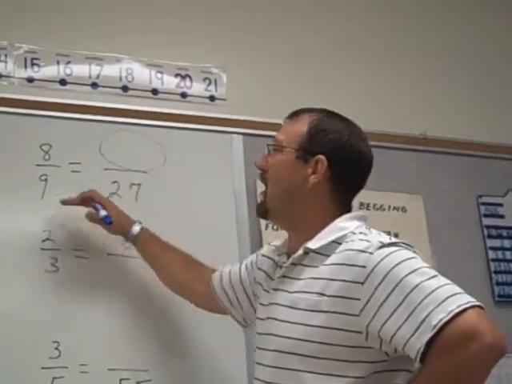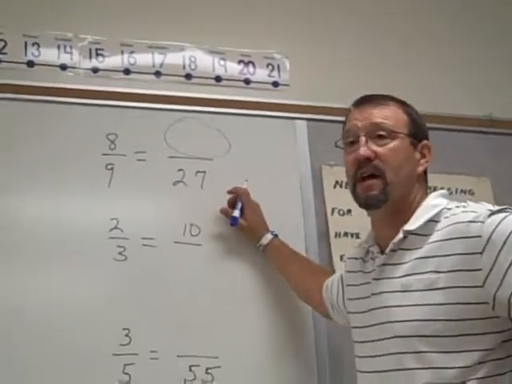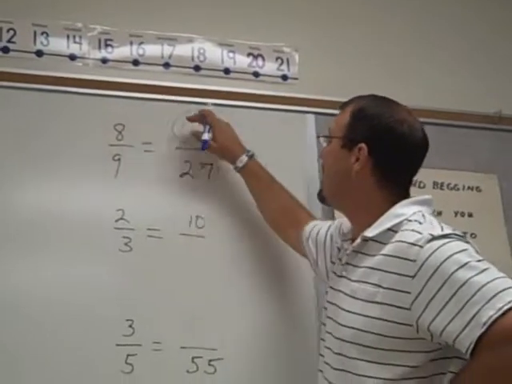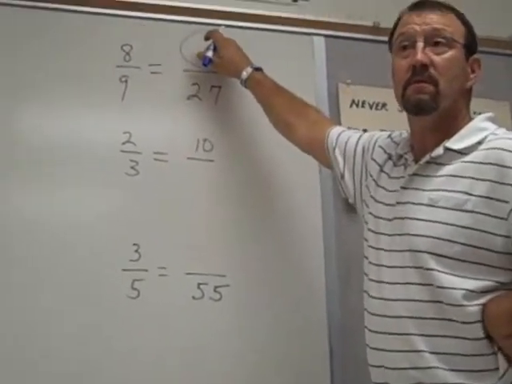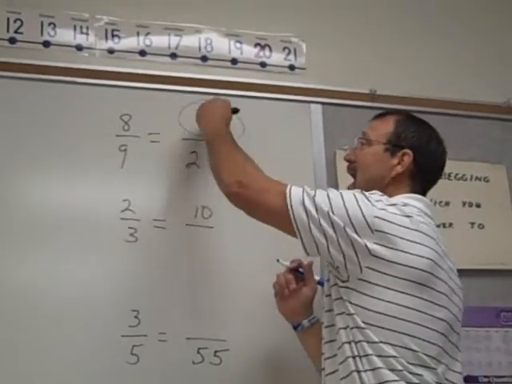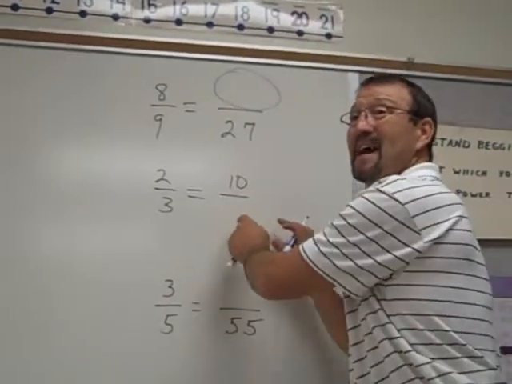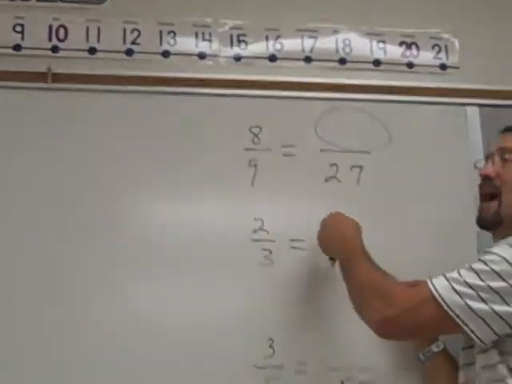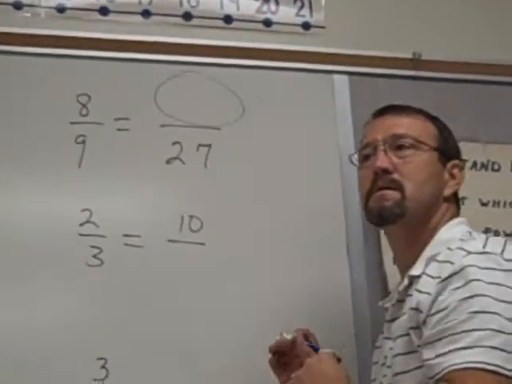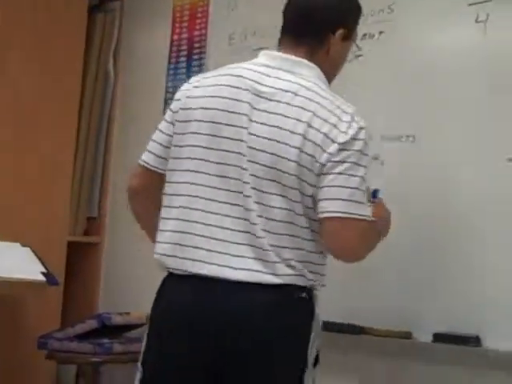Top level or bottom level in this one? The bottom level has a 9 and a 27. The top level has an 8 and a blank. So step one is to find which level has two numbers. In this one, it's the bottom level. When we go to the next one, it will be the top level. We'll do that in just a minute.